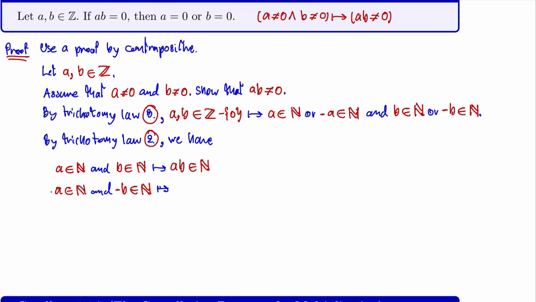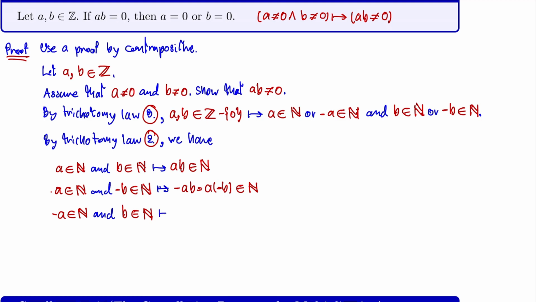Let me write it like this: minus ab equals a times minus b, and a times minus b must be a positive integer. Another one: minus a is a positive integer and b is a positive integer.